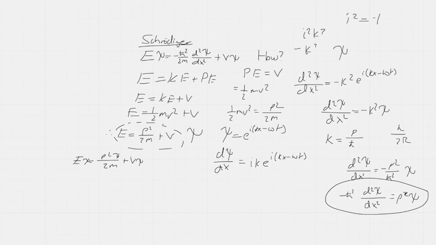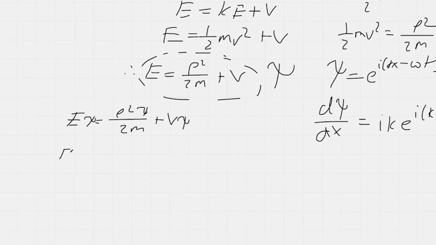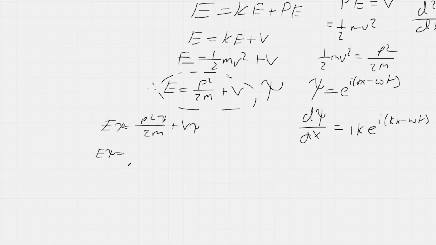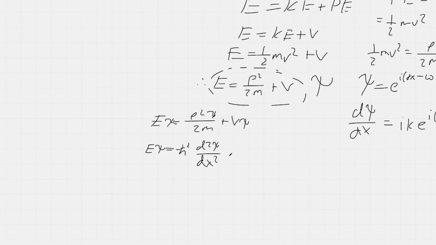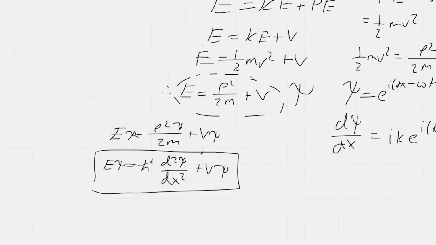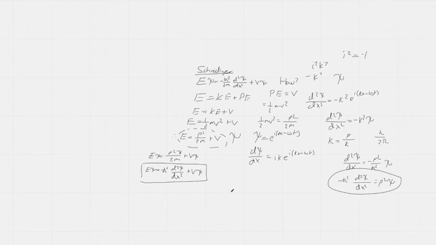But since we know here that p squared psi is actually this entire quantity, we can rewrite this as E psi equals that whole quantity, which is negative h bar squared d squared psi over dx squared plus V psi. And now let's check if that is the same Schrodinger equation. Yes, that is. Now that is the derivation of the Schrodinger equation.